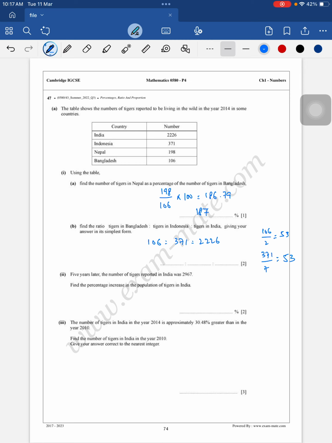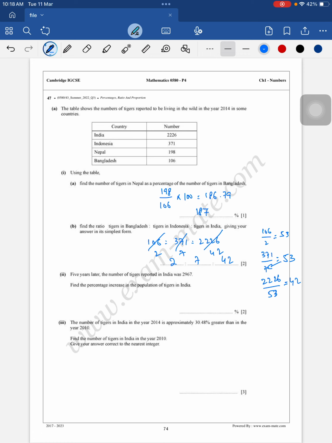Now both our answers are 53, so definitely they can be divided by 53 as well. 2226 divided by 53 is 42. Okay, so all are divided by 53, so 53 2 is 106. 53 into 7 is 371, and 2226 divided by 53 is 42. So 2, 7 and 42.